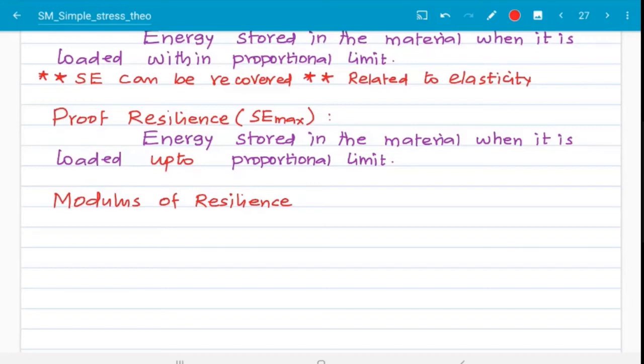It means maximum strain energy per unit volume of material. That's all. Proof resilience per unit volume of material.